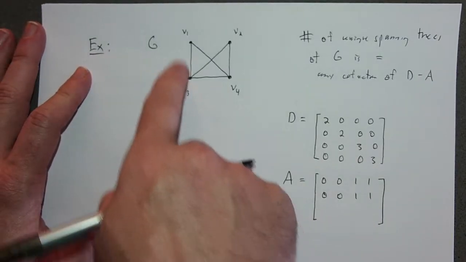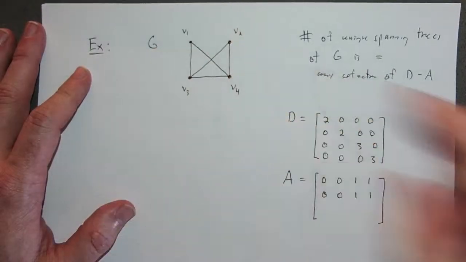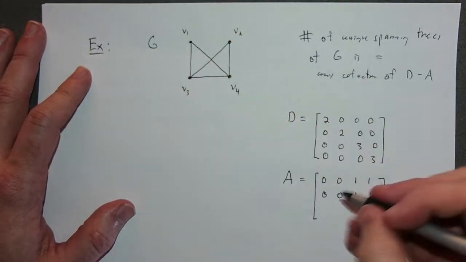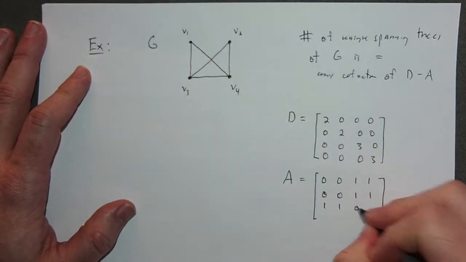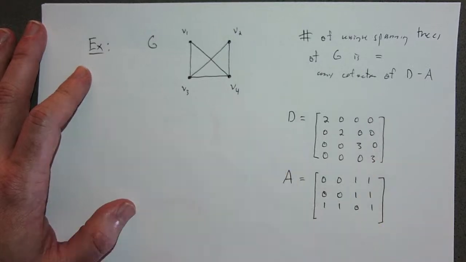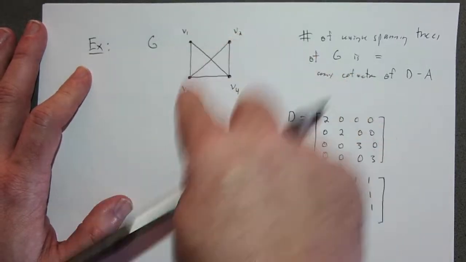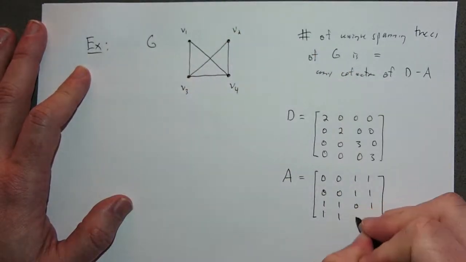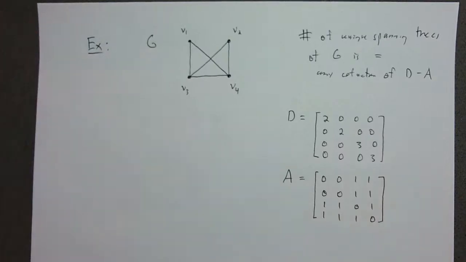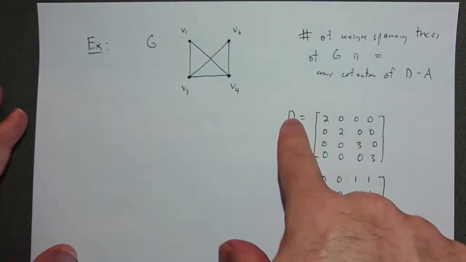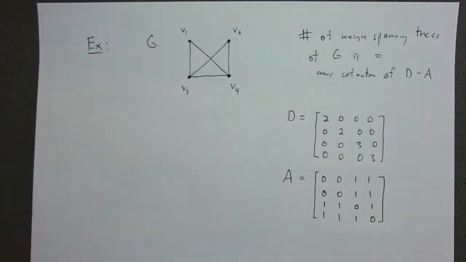V3 is adjacent to V1, V2, and V4. So this is 1, 1, 0, 1. And V4 is adjacent to V1, V2, and V3. So this is 1, 1, 1, 0. So there's our adjacency matrix. Here is our degree matrix.